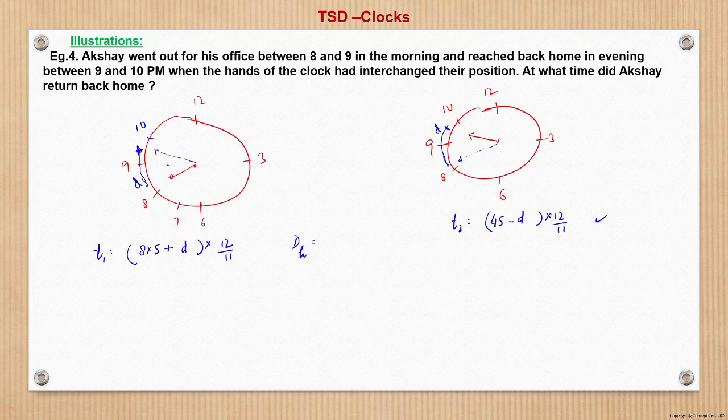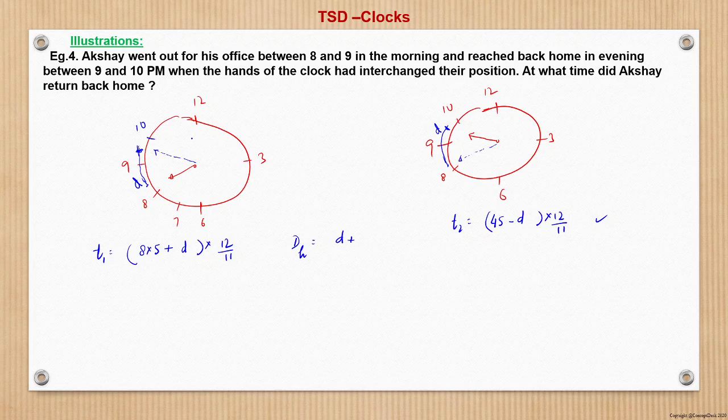So our hand would have covered 9, 10, 11, 12, then again 1, 2, 3, 4, 5, 6, 7, 8, 9, and then here, right? So our hand would have covered basically this d unit plus what, 12 hours, right?